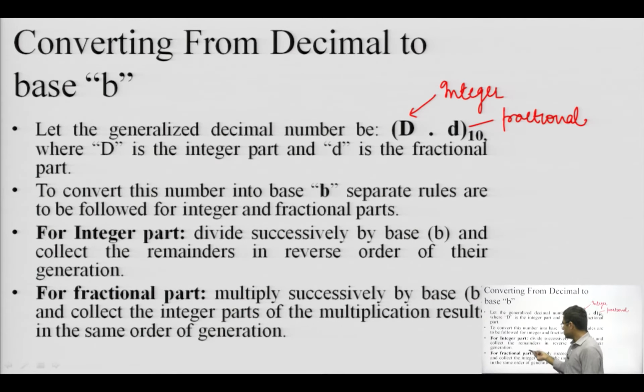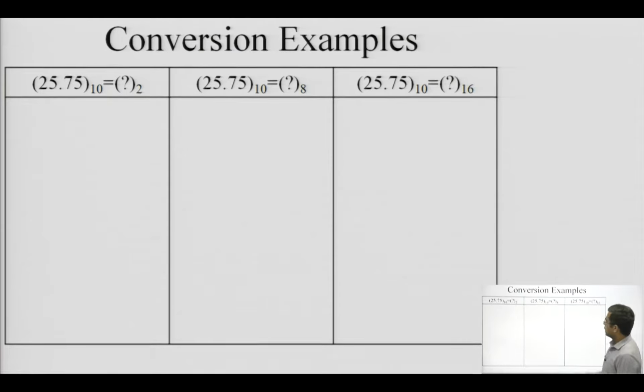For the integer part, we divide successively by the base and collect the remainders in the reverse order of generation. When we do it practically, it will get more clear. For the fractional part, we multiply successively by the base and collect the integer parts of the multiplication results in the same order of generation.